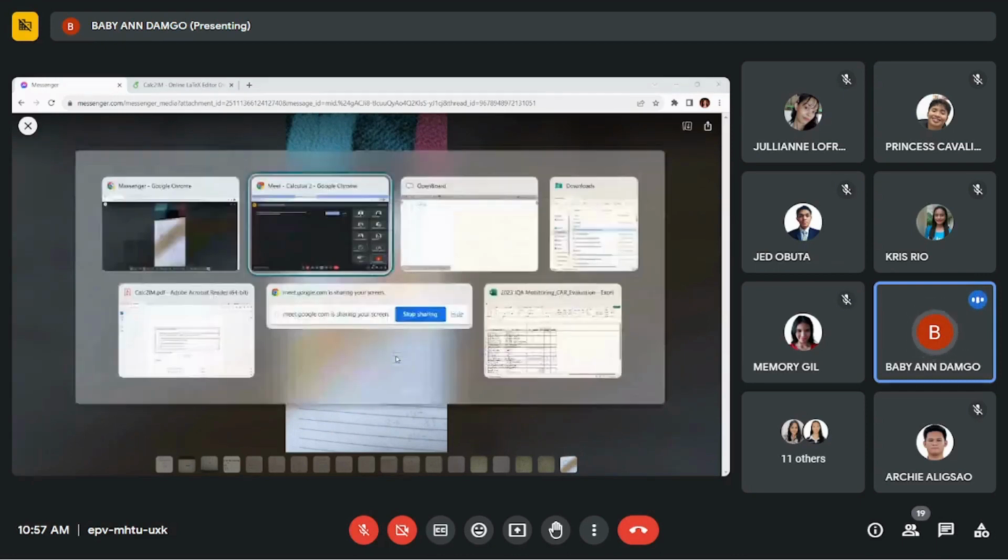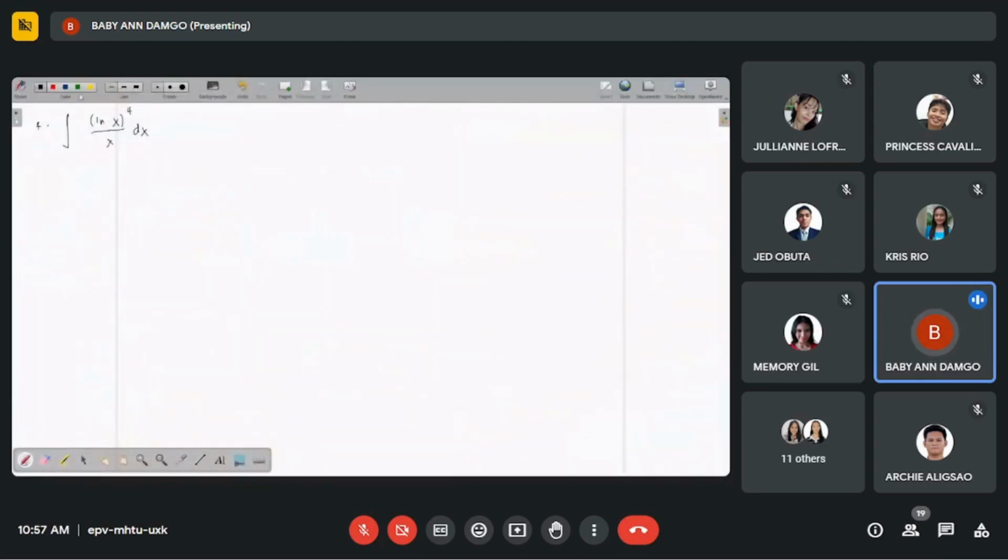So, let u be equal to ln x. So, our du is 1 over x dx. So, it is the derivative of ln x. Okay? So, this is equal to ln x to the power of 4, and then we have dx over x.